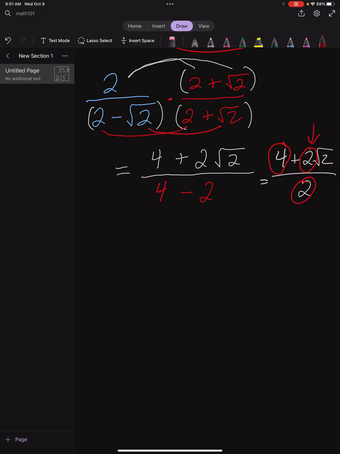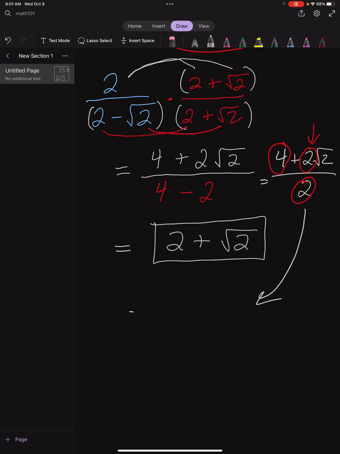You need to have both terms divisible by 2. So this is really 2 plus 1 root 2, and I don't have to write the 1 in front. If you need to factor this out and write it as 2 times 2 plus root 2 divided by 2, and then cancel the 2's just for safety, go ahead and do that.